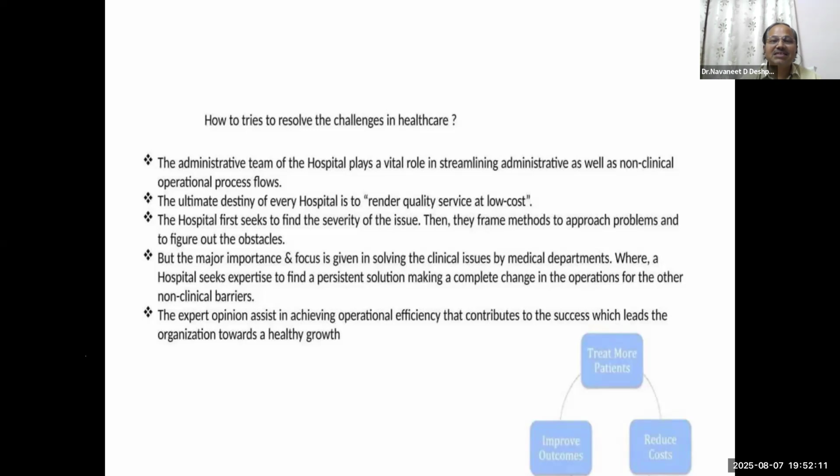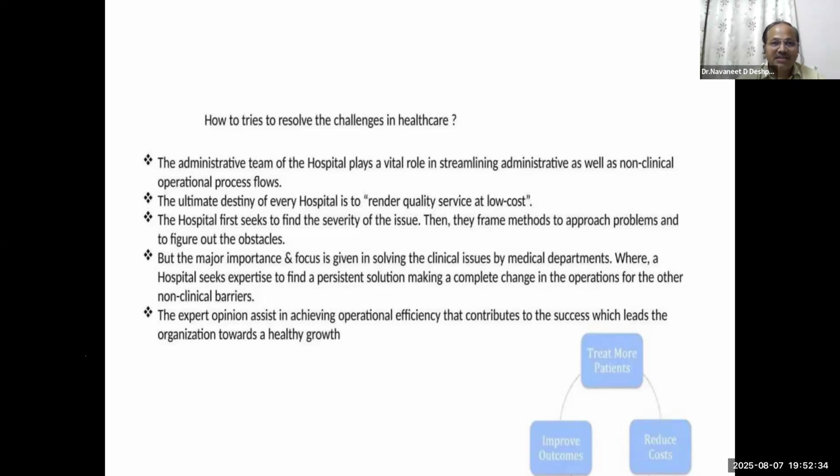It requires the skills of a manager, the CEO, the MD, and all those positions are there to be taken care of, which doctors normally do not find time for. Doctors are more interested in evolving their own specializations in their own particular area in which they have the skills. So the administrative team plays a critical role in order to overcome the challenges.